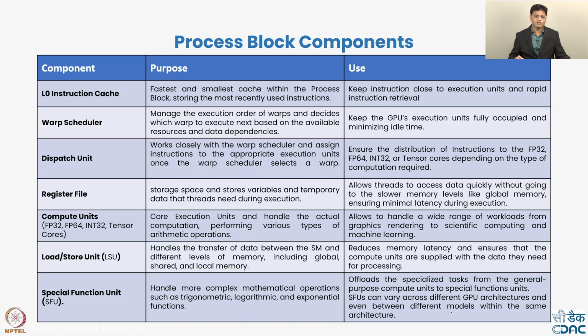Dispatch unit basically works closely with the warp scheduler and assigns instructions to the appropriate execution units once the warp scheduler selects a warp. Suppose data is not available in the nearby cache or nearby registers, then the dispatch unit will send the instructions to the load and store units, and ask them to bring the data from the memory into the register file.